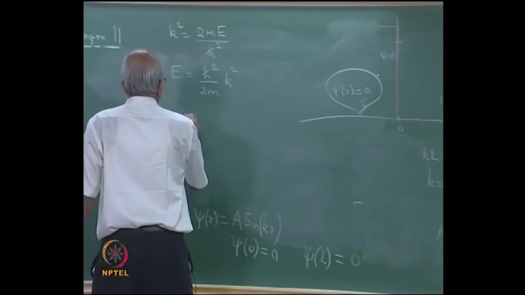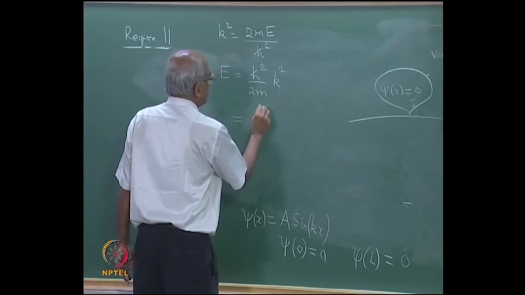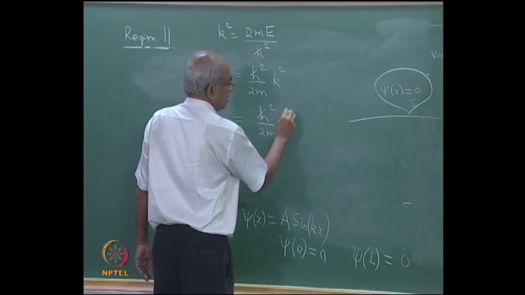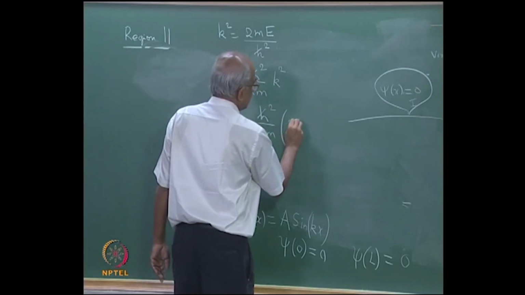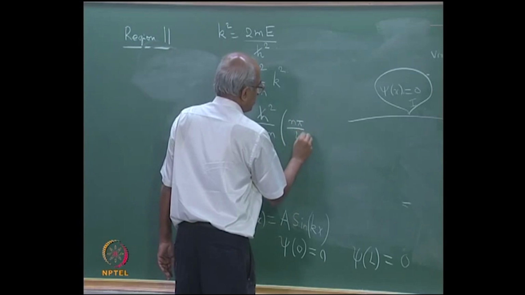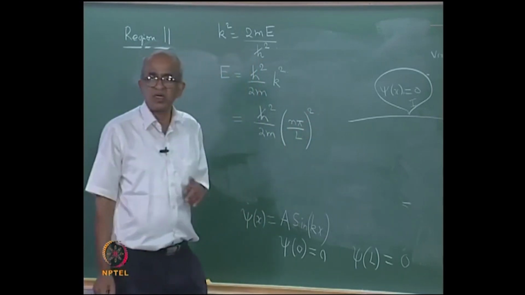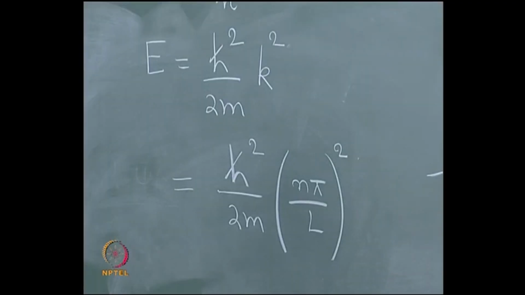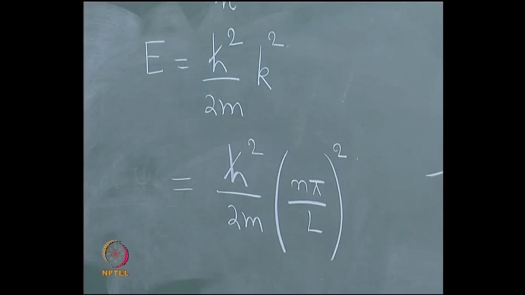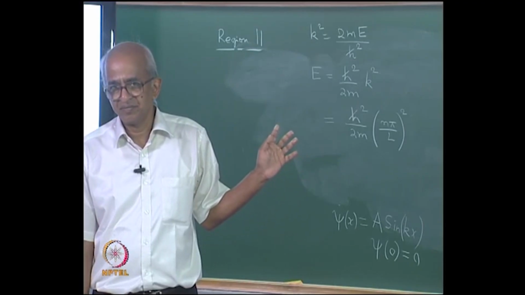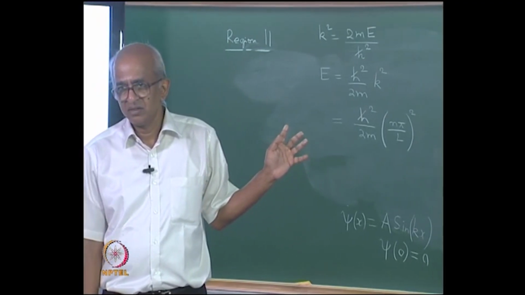That means, if you have E equal to h cross square divided by 2m times n pi by L the whole square, only if this is satisfied will you be able to get acceptable solutions. For no other values of E will you be able to get acceptable solutions of the time independent Schrodinger equation, right.